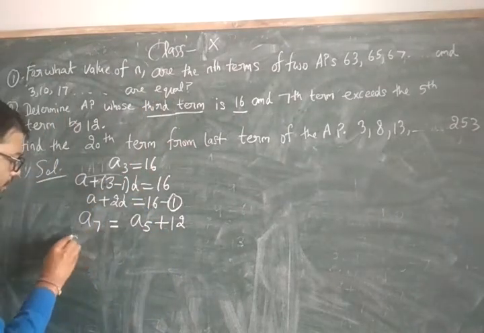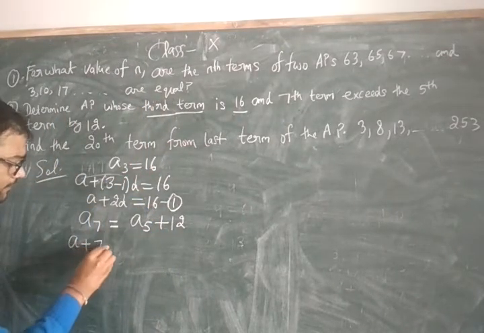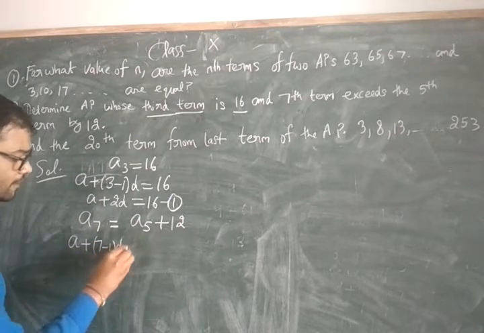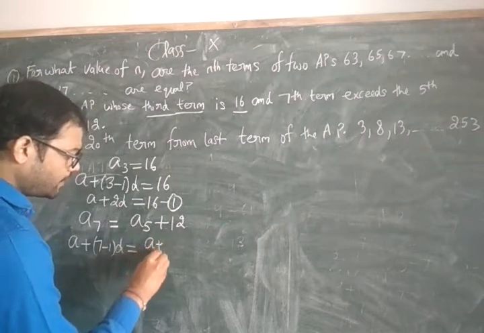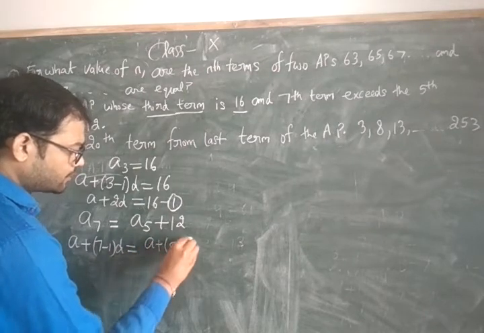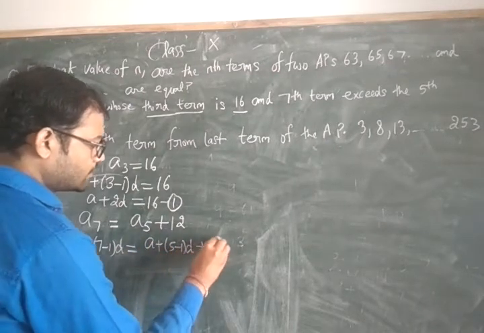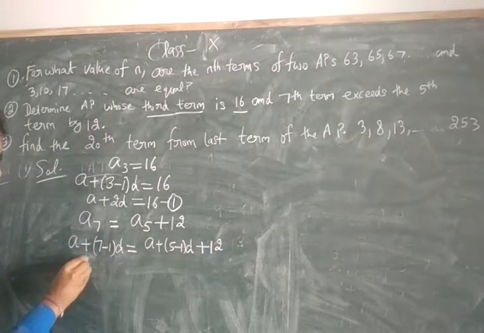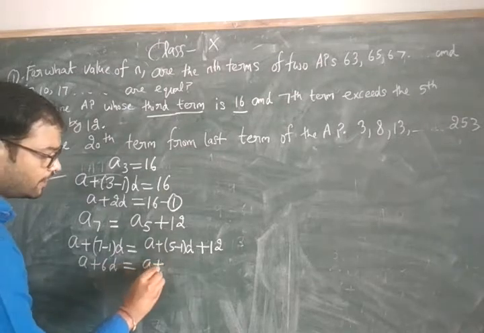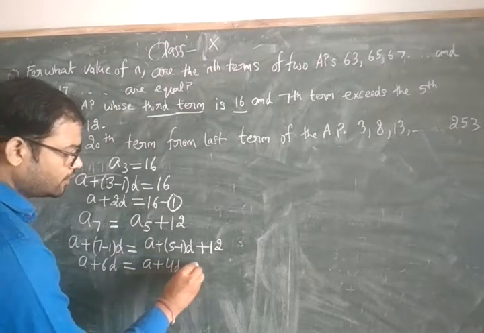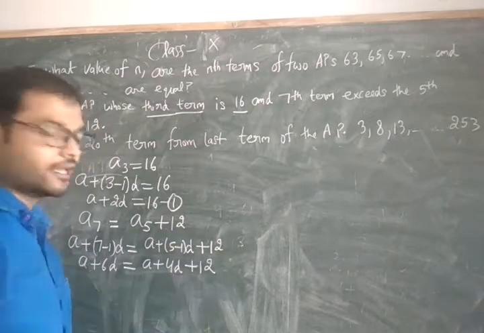Now A7 can be written as A plus 7 minus 1 D and A5 can be written as A plus 5 minus 1 D plus 12. So it becomes A plus 6D and it becomes A plus 4D plus 12.